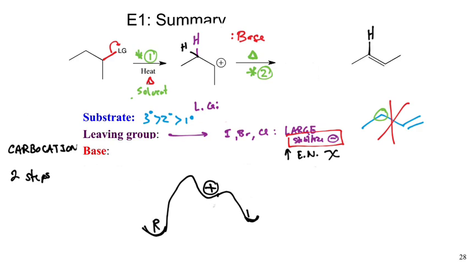The one that has the more energy, or that requires more energy. What energy are you talking about? Activation energy. There's the activation energy for the first step. Where's the activation energy for the second step?